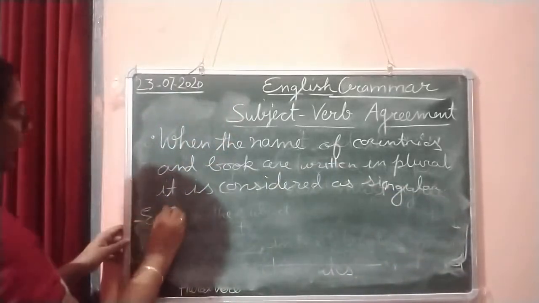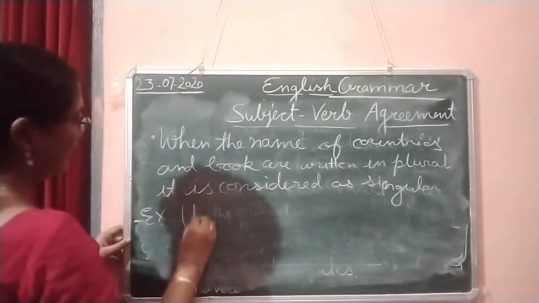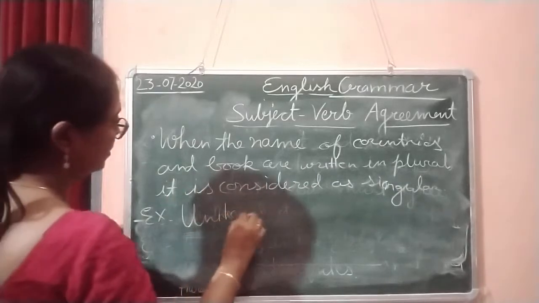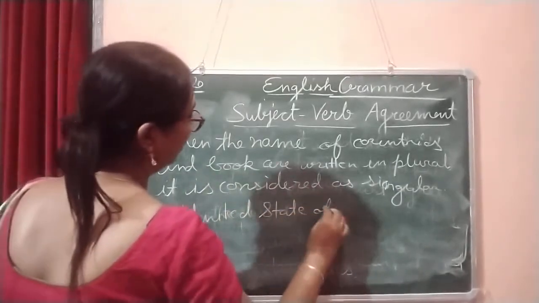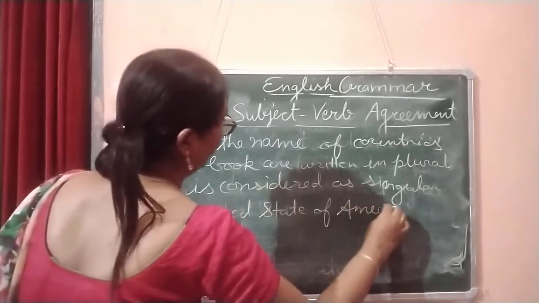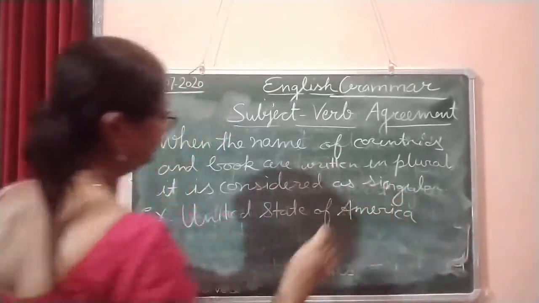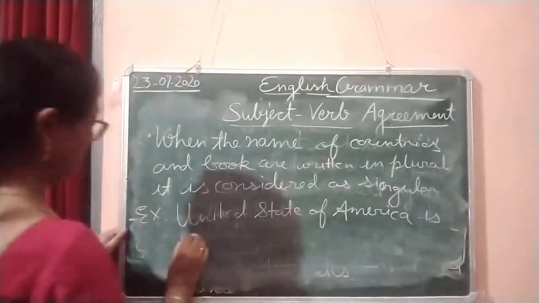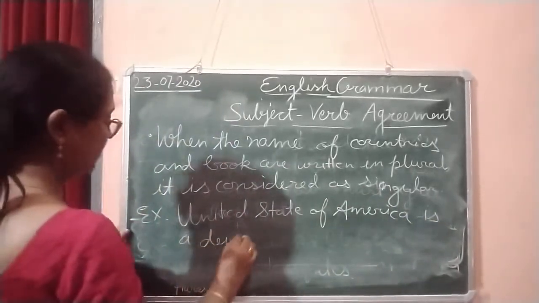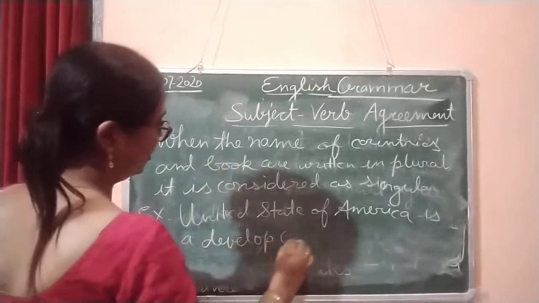For example, United States of America is a developed country.